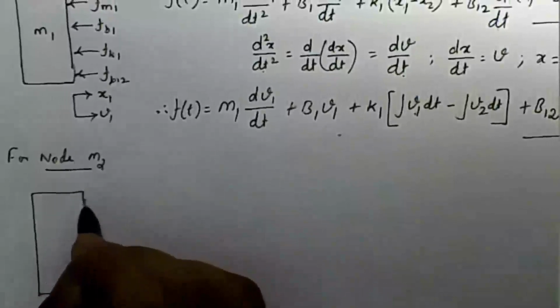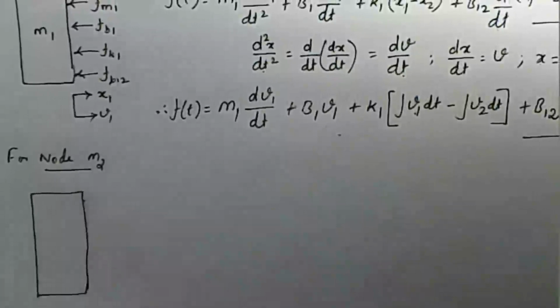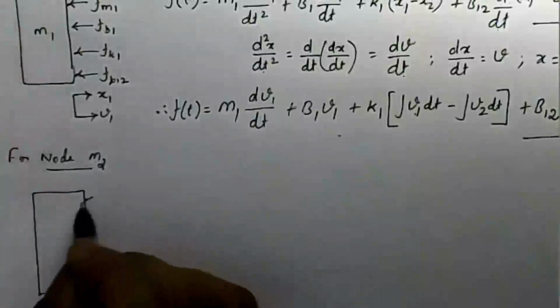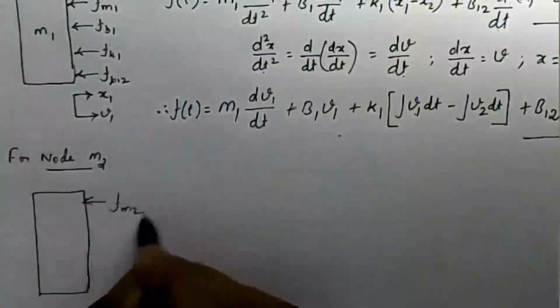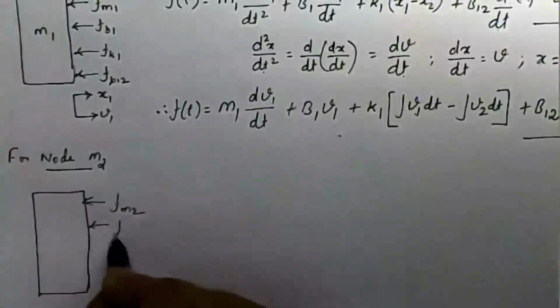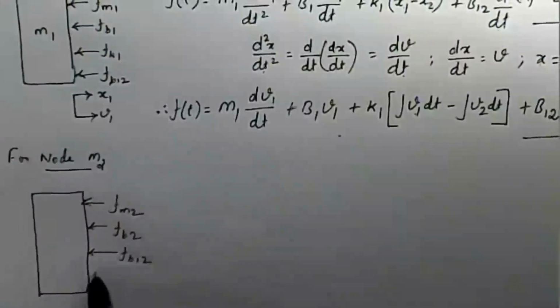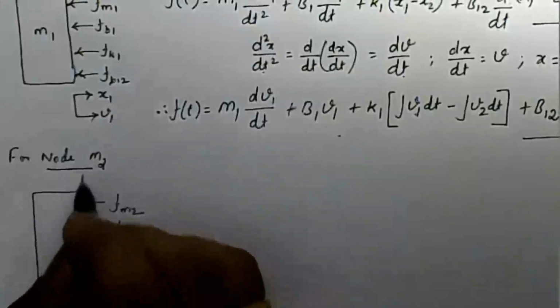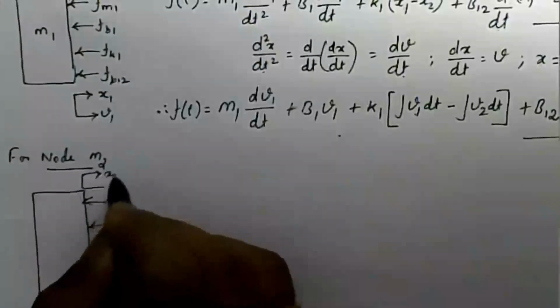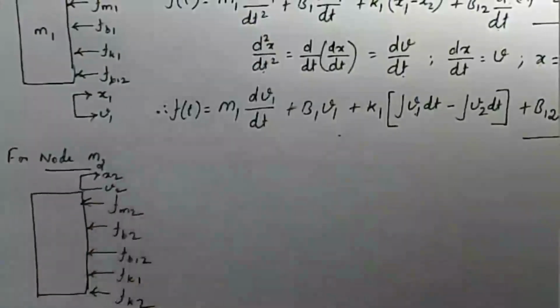The opposing forces are due to the M2 mass element, then FB2, FB12, FK1, then FK2. Here the displacement is x2 and the velocity is v2.